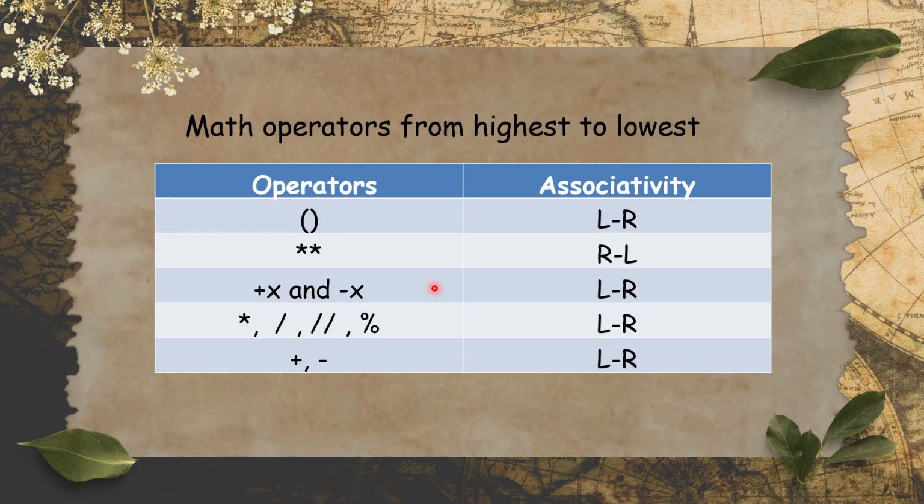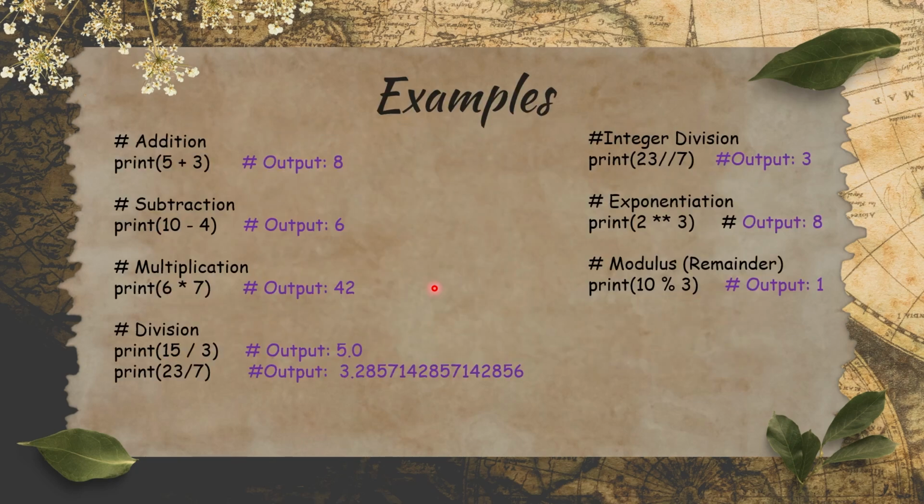And the last are the most basic operators, addition and subtraction. Only for exponent the associativity is right to left, and all the remaining operators have associativity from left to right. Clear? Now let's move on to how these operators work.